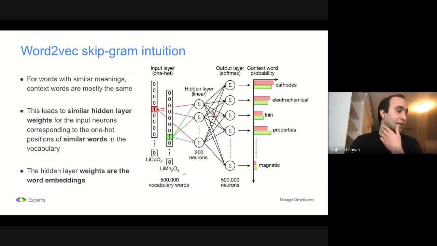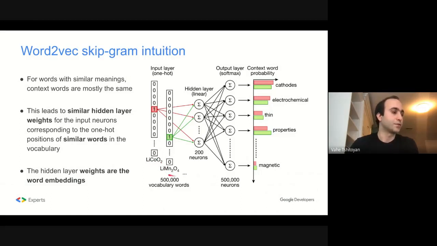More technically, the intuition here is that we have a neural network with one hidden layer of 200 neurons. This number is arbitrary. Usually a number between 50 and 1,000 works fairly well. Then you have an input layer where, assuming you have a vocabulary of, in this case, 500,000 words, each word has an index in that vocabulary.